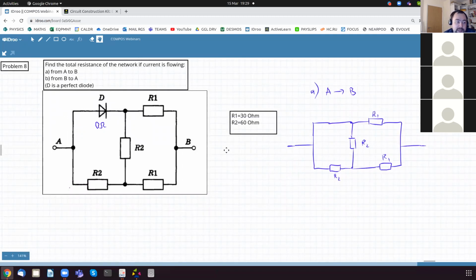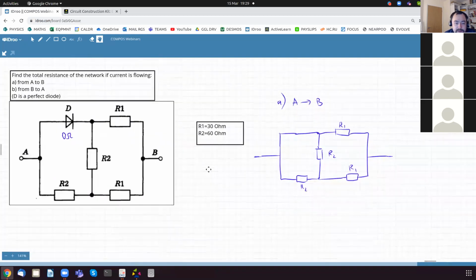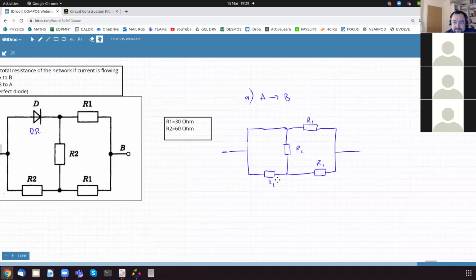And it has infinite resistance in the backwards direction. So it's 20, so it's 30, 60. Okay, so it's not that easy as I initially thought.